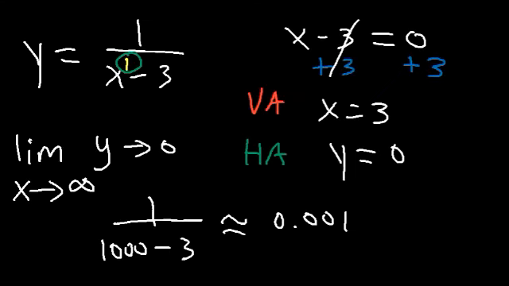So let's go ahead and graph the equation. The vertical asymptote is x is equal to 3, and the horizontal asymptote is y is equal to 0, which means that it's the x-axis. Now, it might be good to plug in a few test points.